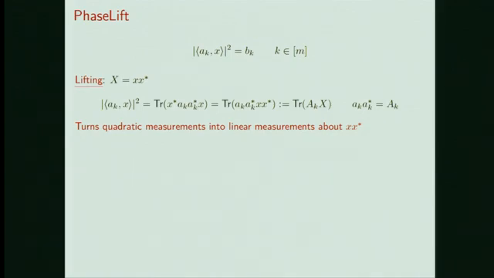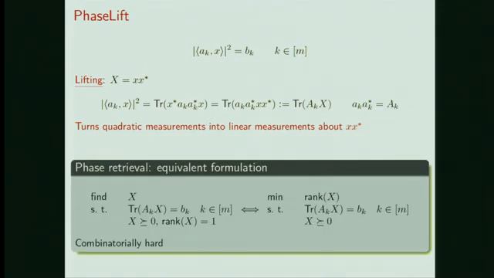Then this quadratic measurement is actually a linear measurement about xx star, this rank 1 matrix. And I'm going to give names to these things. So this is a linear measurement against a rank 1 matrix, which is a_k a_k star. This lifting technique turns quadratic measurements into linear measurements about xx star.